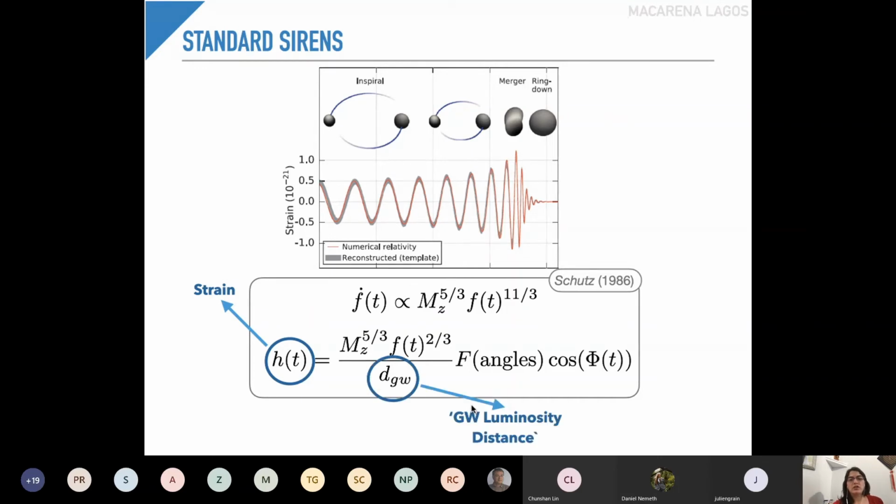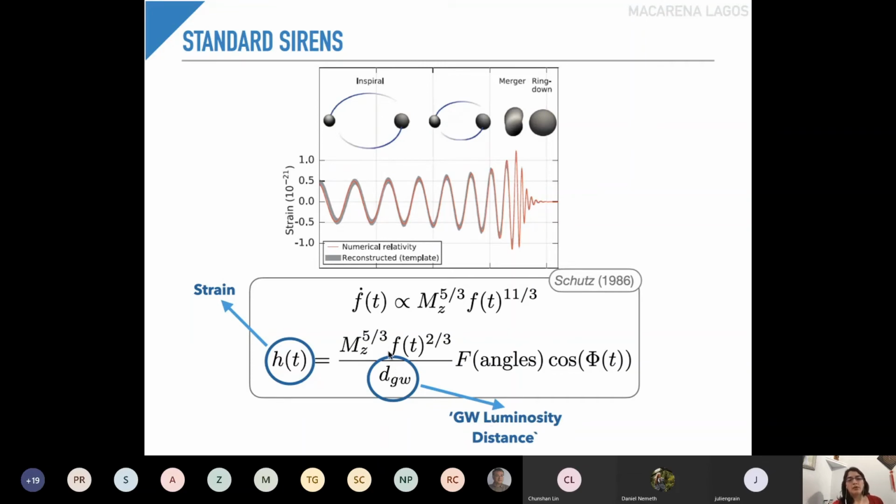So the amplitude of the strain actually decays as 1 over this distance that we call the gravitational wave luminosity distance, and basically tells you how far the source is by taking into account the expansion of the universe. And this is the main quantity that encodes cosmological information from which we can extract cosmological constraints.